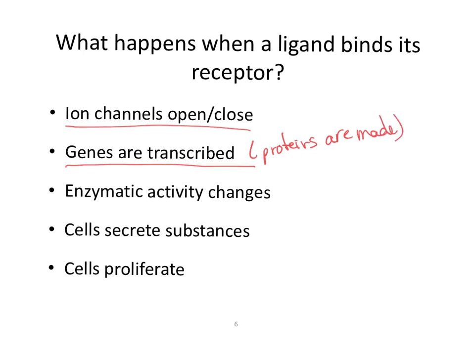An enzyme might become more or less active. Your cells may secrete substances, so release something, or your cells may divide. So these are the kinds of things that can happen downstream of a hormone binding a receptor. I'm not going to ask you to repeat this list anywhere. I just want you to be thinking about the fact that hormones make a lot of things happen.